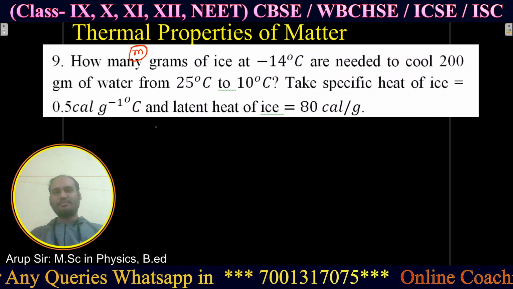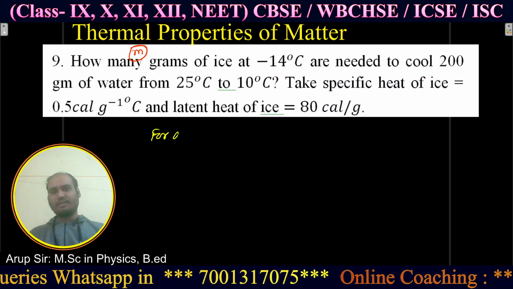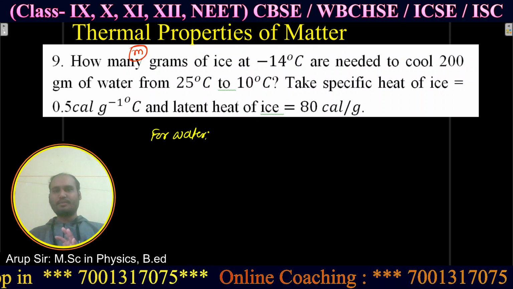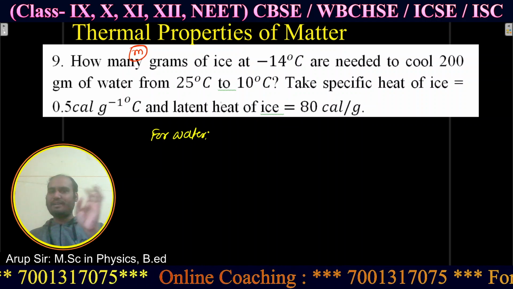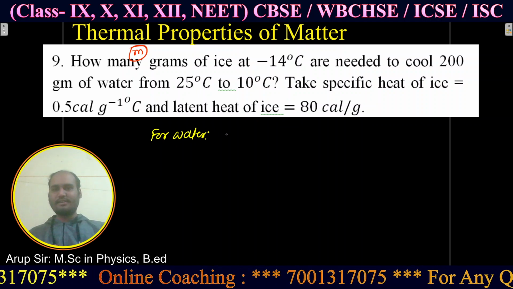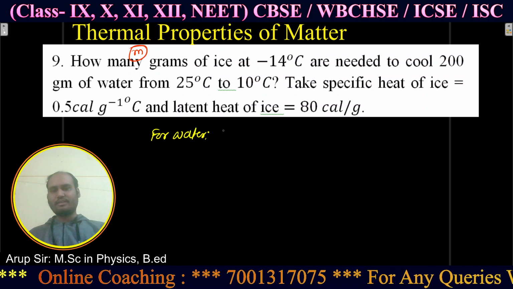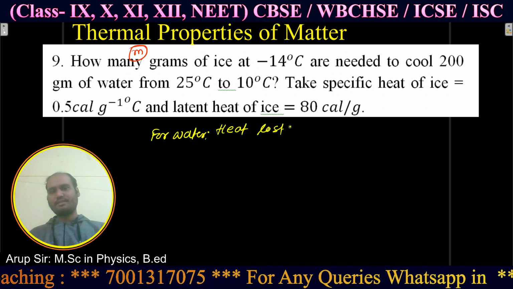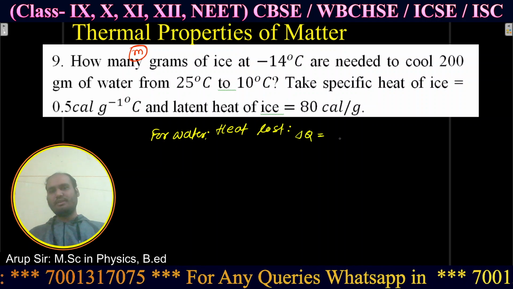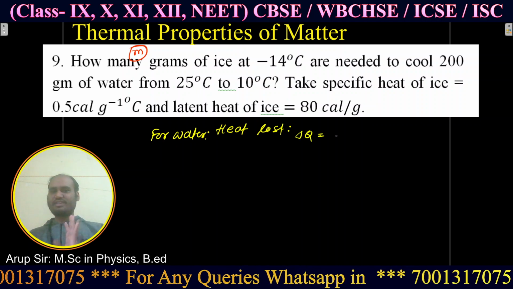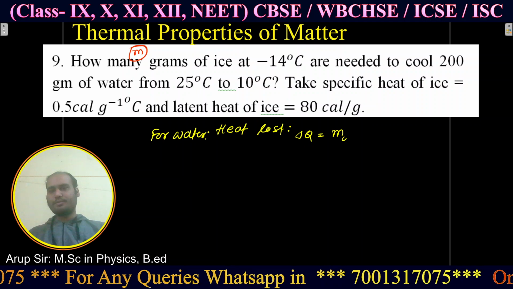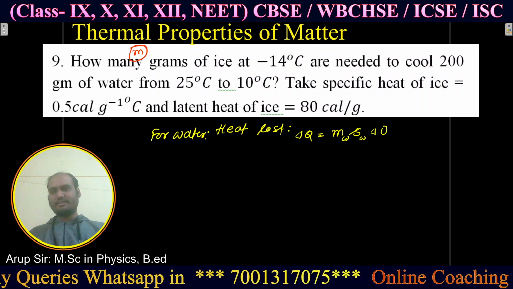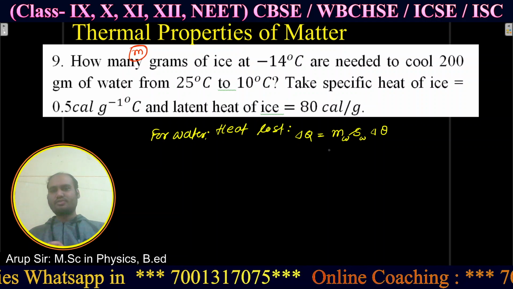Let me clarify the thing once more. For water, what is happening? Its temperature simply falls from 25 degrees centigrade to 10 degrees centigrade, so heat is lost by the water. Heat lost, how much? Delta Q is equal to m of water, s of water, and delta theta, the change in temperature, with no state change.